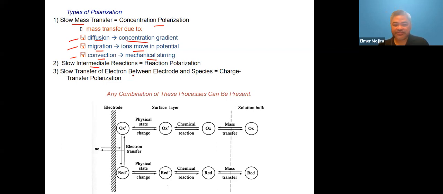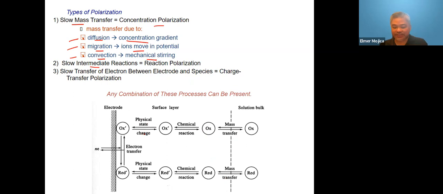And the slow transfer of electron between the electrode and the species. So what happened here is you have a charge transfer polarization, okay? So pwedeng mangyari just any combinations of this process. It can be mass transfer, chemical reaction, or physical state change dito sa polarization.